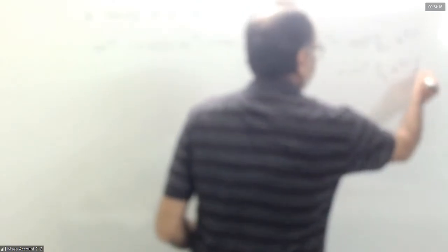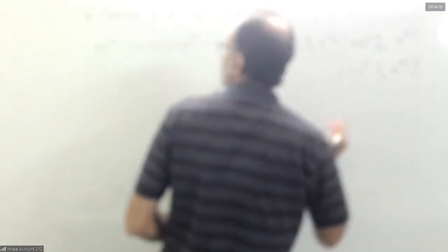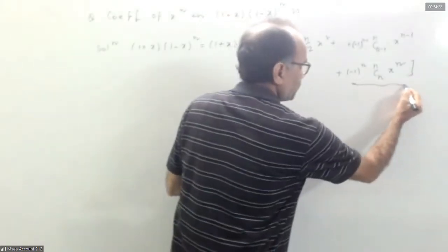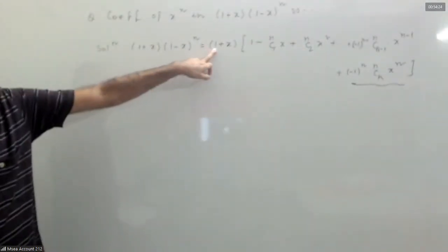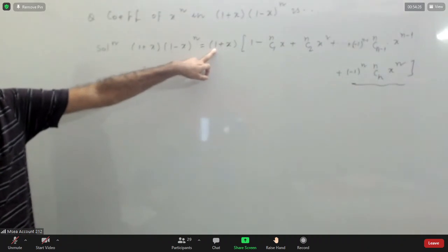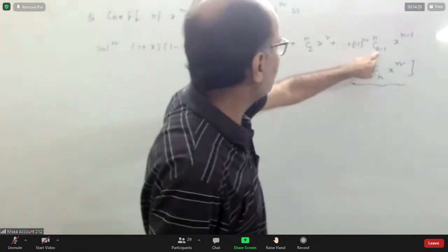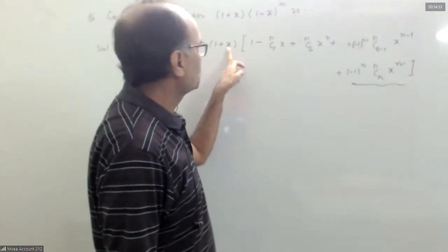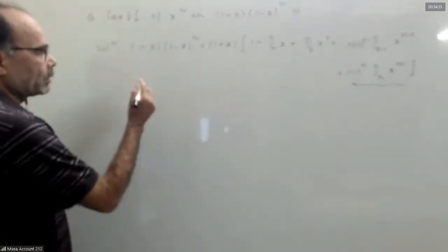Now, if you multiply this term, we want the coefficient of x to the power n. If you multiply this term with 1 here, we'll get x to the power n. And if you multiply this term with x, we'll get x to the power n.